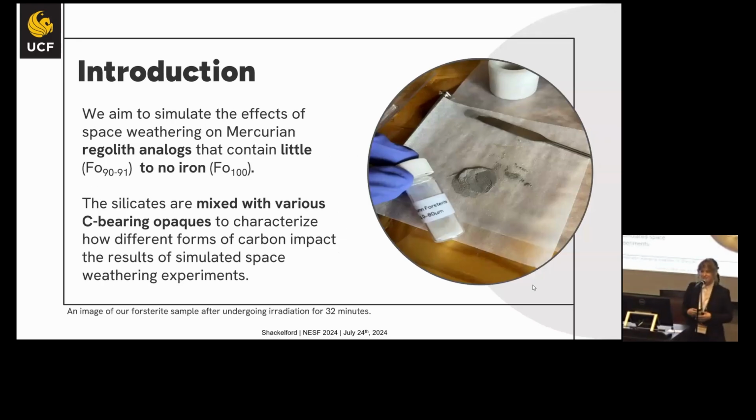So we aim to simulate the effects of space weathering on Mercury and regolith analogs that contain little to no iron. The silicates that we have are mixed with various carbon-bearing opaques to characterize how different forms of carbon will also impact the results of simulated space weathering experiments, because as of right now, the choice of carbon is sometimes all over the board, kind of willy-nilly.